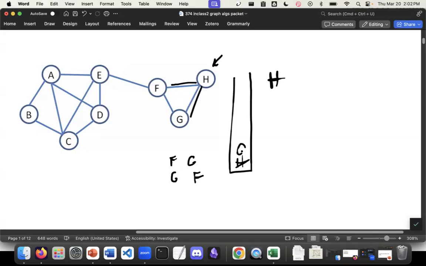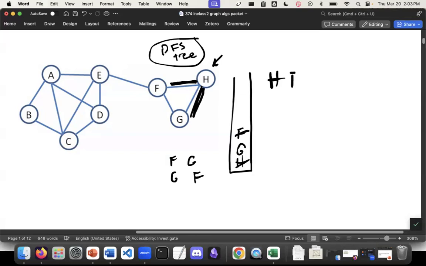So I don't know, maybe let's push G first and then F. But as we go, we've decided that the edge from H to F and the edge from H to G, those are in our DFS tree. Okay, so now F is on the top of the stack.